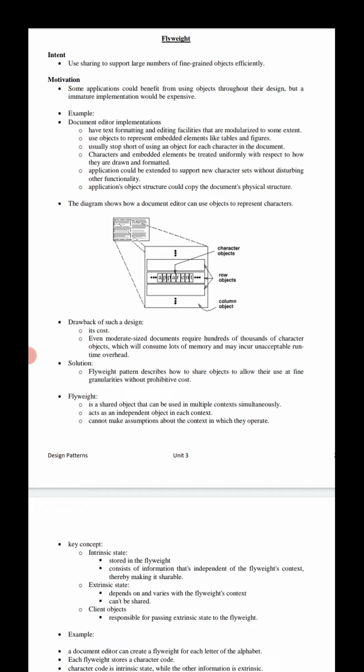Intrinsic states are the constants that are stored in memory. Extrinsic states are not constants and need to be calculated on the fly, so they are not stored in memory. This is the main intent of the flyweight design pattern.